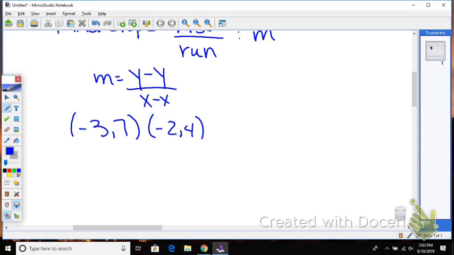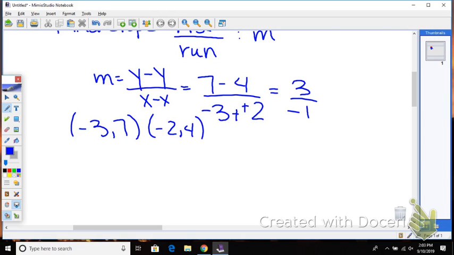We're just going to say, okay, which one do we want to go first on the top, the 7 or the 4? 7, okay, so we're going to go 7 minus 4. And now you don't have a choice what has to go first on the bottom. -3 minus a -2. What happens with that? Negative turns out to be positive. Just say positive. And you have 7 minus 4 is 3, and -3 plus 2 is -1.